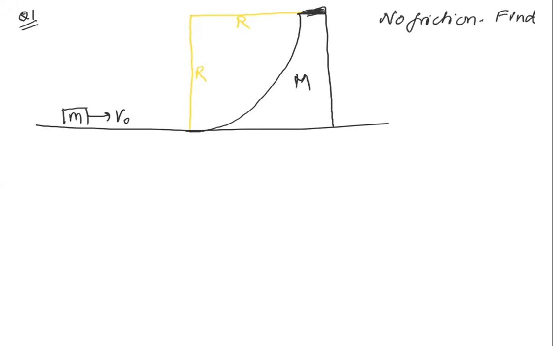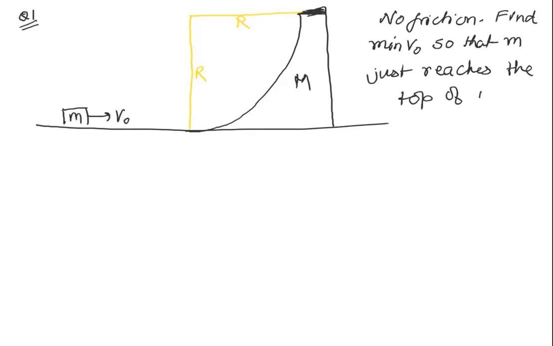Find the minimum V naught so that m just reaches the top of the wedge.